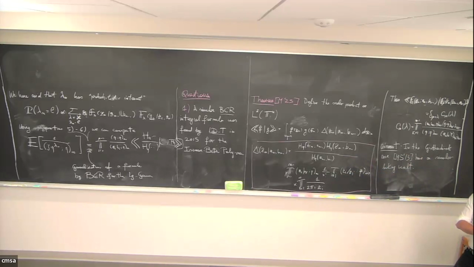Another way would have been to first say that this polymer model is distributed like a Macdonald measure, which is not a result that I know from his paper, and then study the Macdonald measure. But he studies directly the polymer measure.